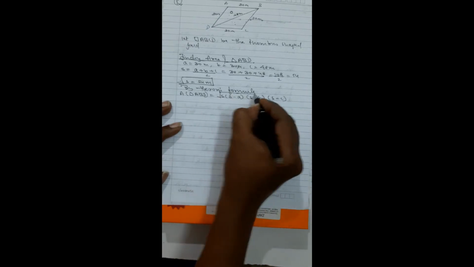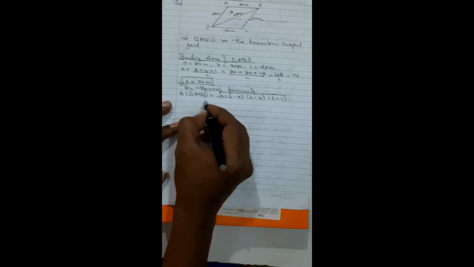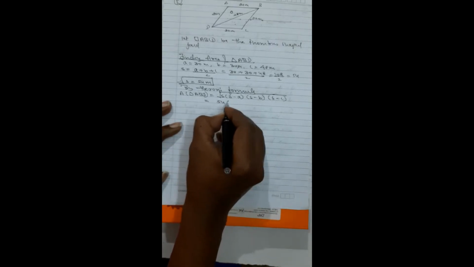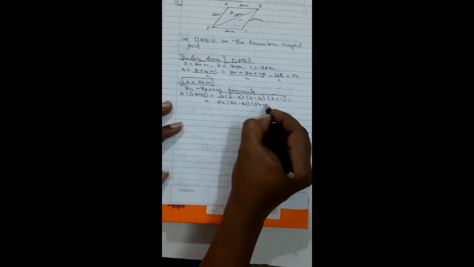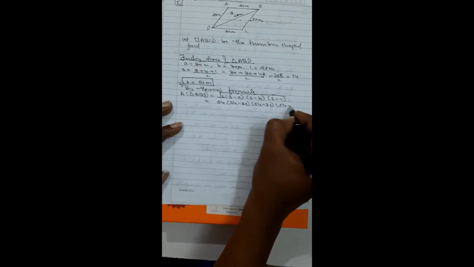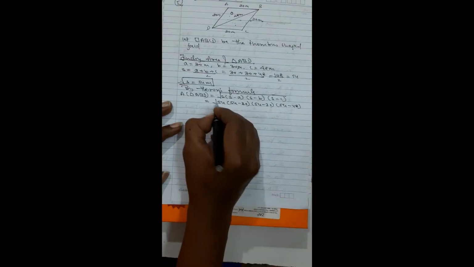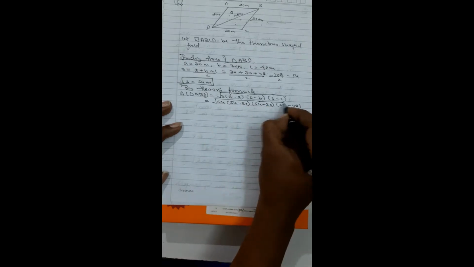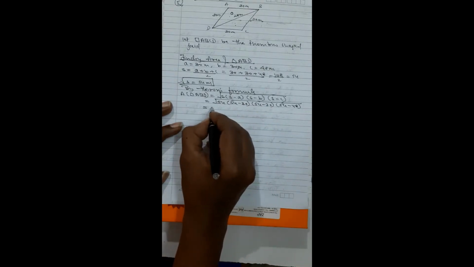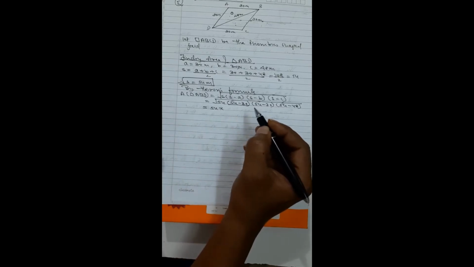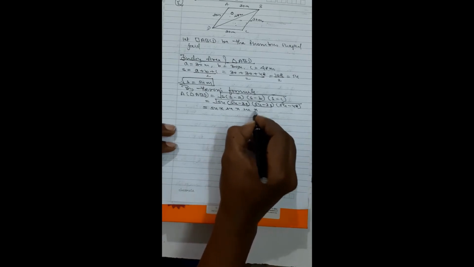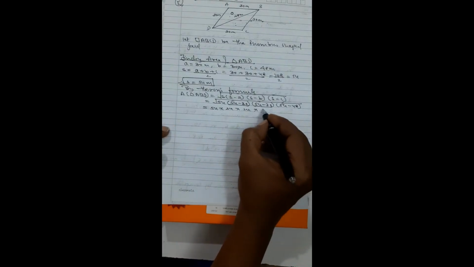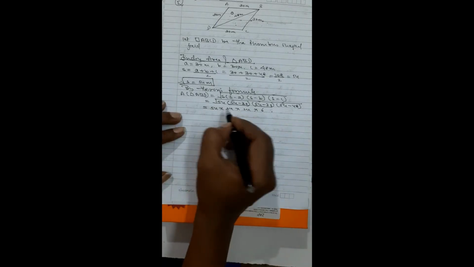That will be equal to square root of 54 into 54 minus 30, again 54 minus 30, and then 54 minus 48. That will be equal to square root of 54 into 24 into 24 into 6.